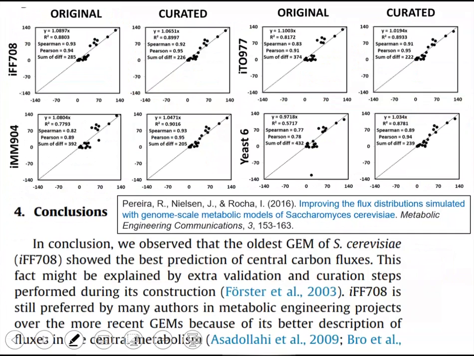There is one interesting point, however. In this paper published in 2016, Pınar Pir is also a co-author, and the leading author is Isabel Rocha from Portugal. The paper is titled improving the flux distributions simulated with genome-scale metabolic models of Saccharomyces cerevisiae.